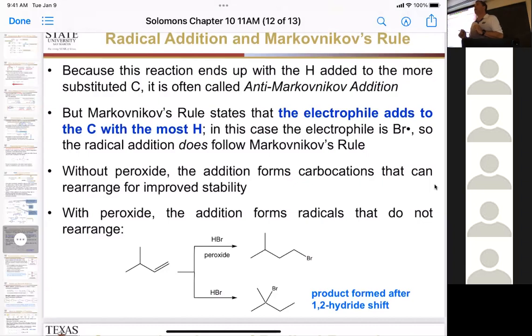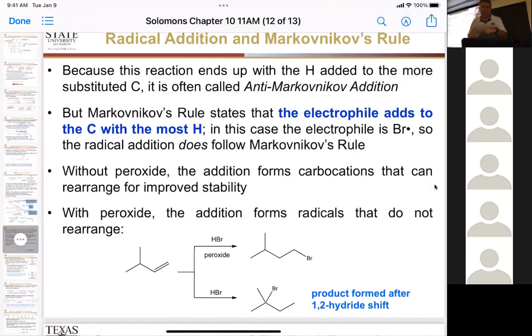In the case of the bromine radical, remember that the bromine radical is coming to interact with the double bond. It is now the electrophile. So it technically is acting as an electrophile and is on the less substituted carbon. So it's technically not anti-Markovnikov, but if you want to remember it that way, just say that, but the reason is it technically follows Markovnikov's rule because the bromine is the electrophile in this case.